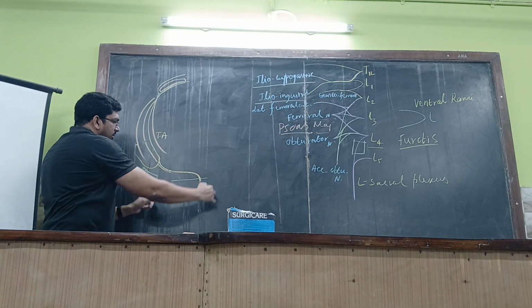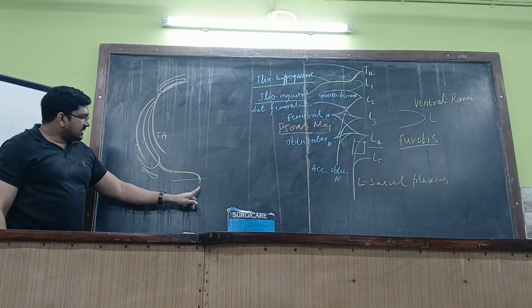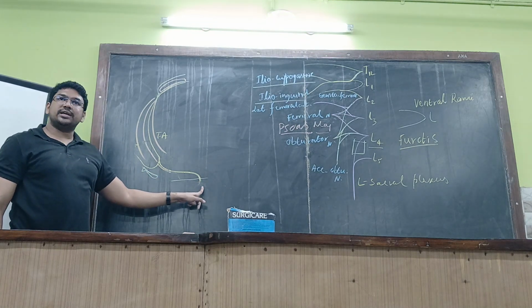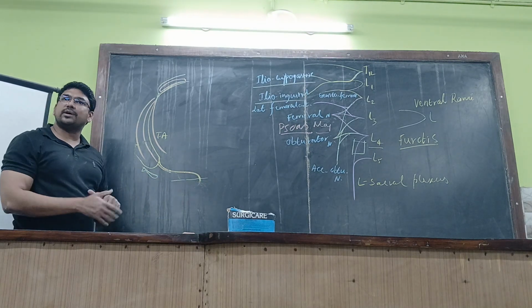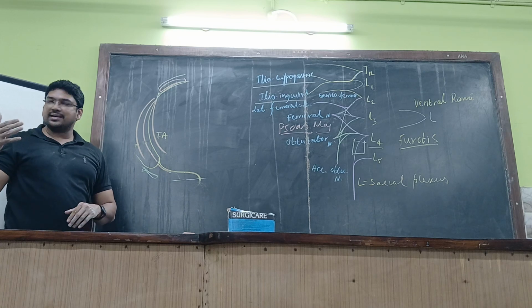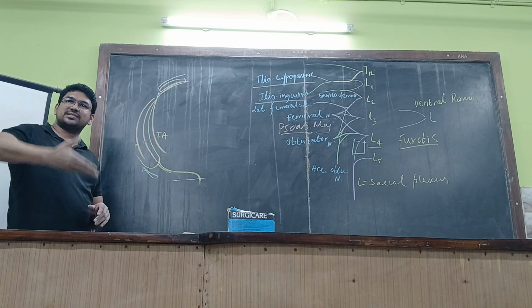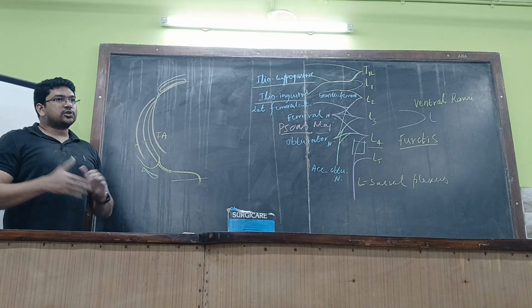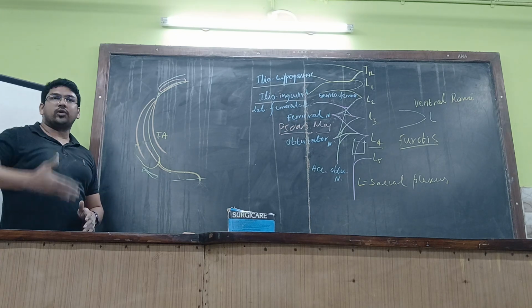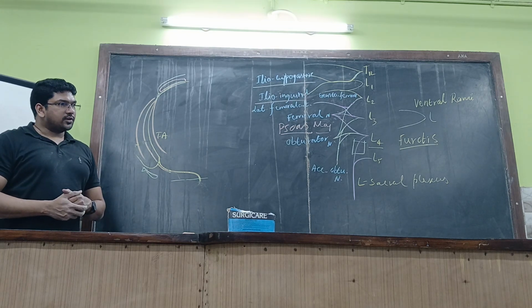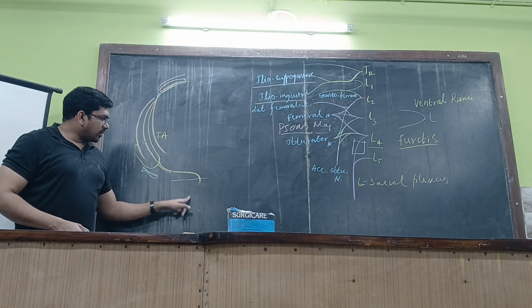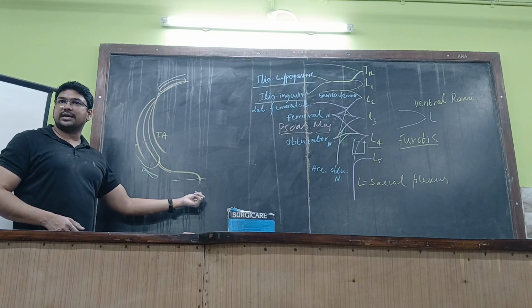This is just above the superficial inguinal ring. We have seen in the inguinal canal that it is piercing the external oblique just above the superficial inguinal ring. So superficial inguinal ring belongs to the anterior abdominal wall, is it not? Right? So there, the lower part of the abdomen will be supplied by this iliohypogastric nerve.